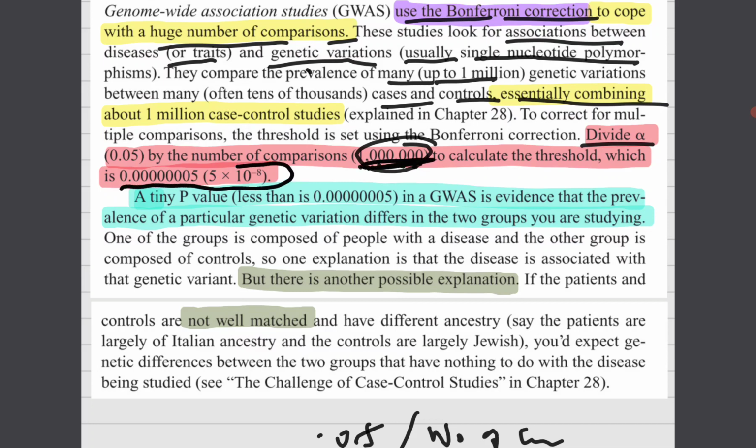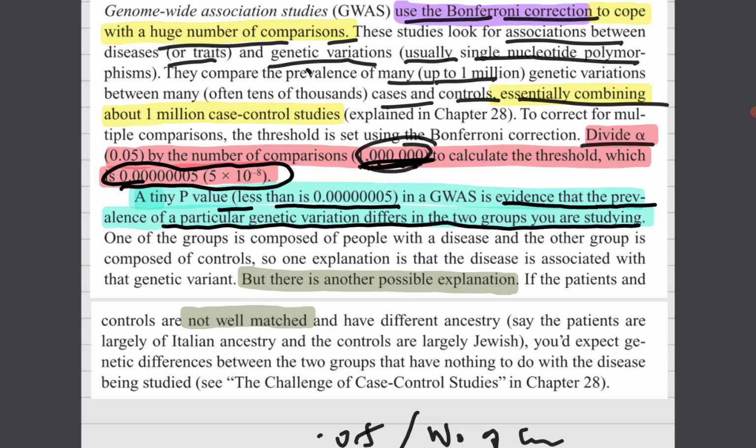So this, for example, will be your new threshold level for a single comparison. A tiny p-value, a p-value less than this, is evidence that the prevalence of a particular genetic variation differs in the group that you are studying. So this will be the new threshold for deciding whether a p-value is significant or not. So this is one classic example of Bonferroni correction.